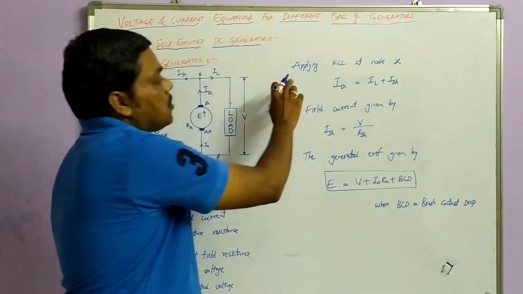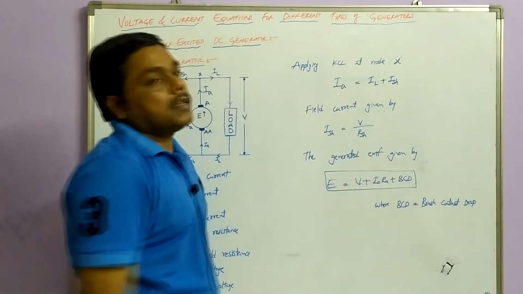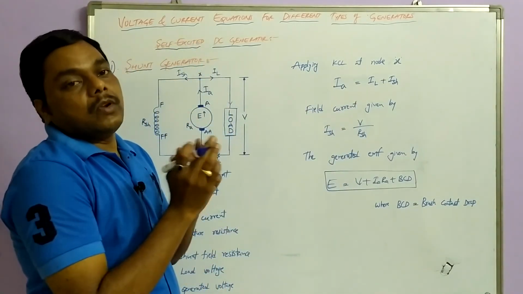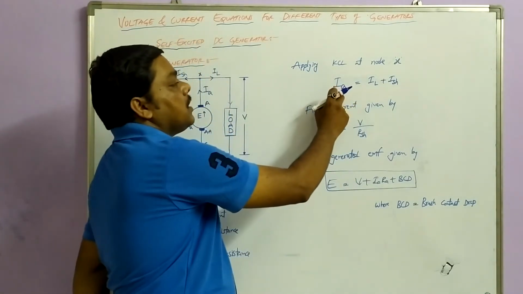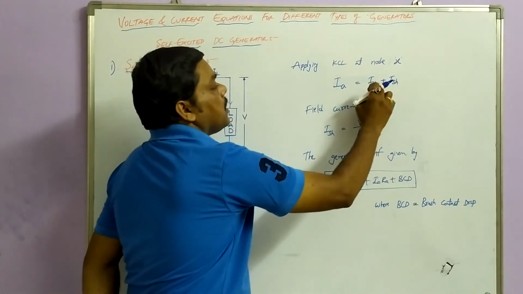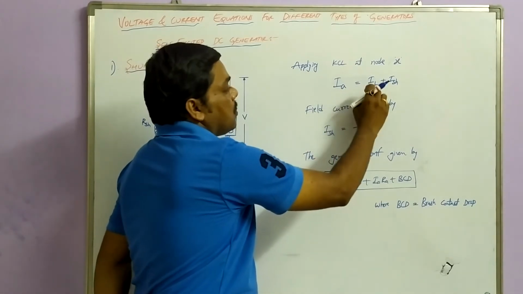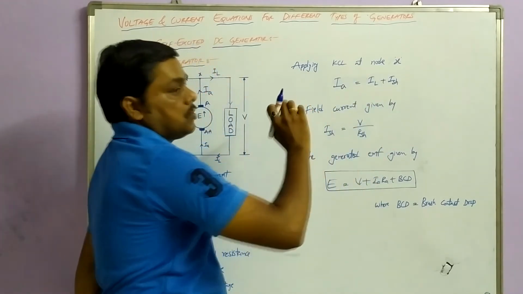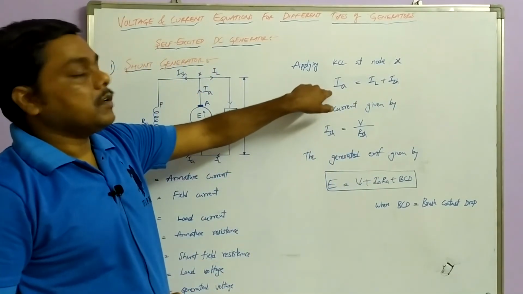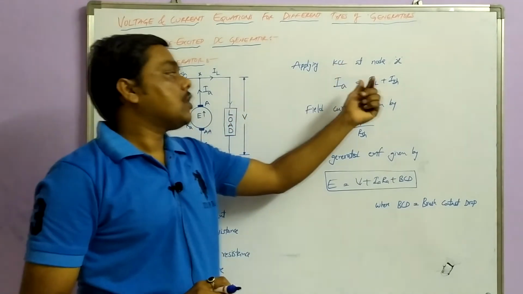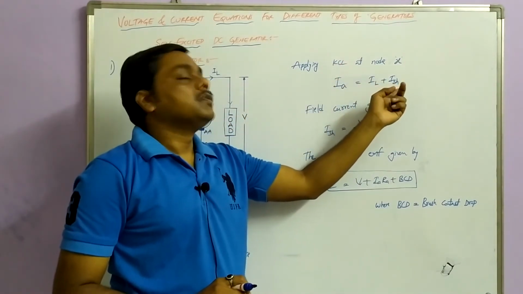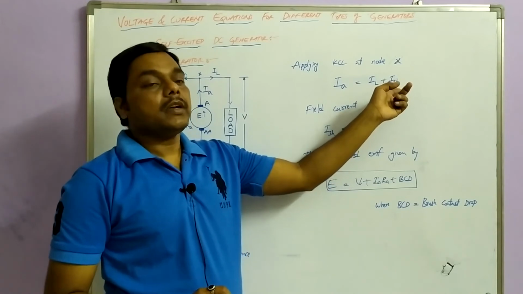Entering current equals leaving current. The entering current is IA, and the leaving currents are IL and ISH. So the current relation is IA equal to IL plus ISH. The total armature current is the sum of the load current and the shunt field current.